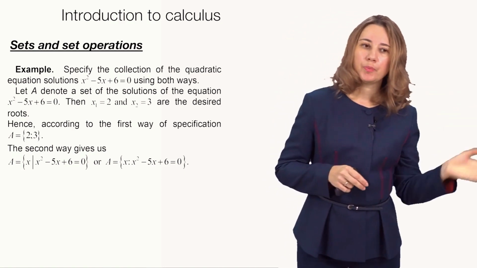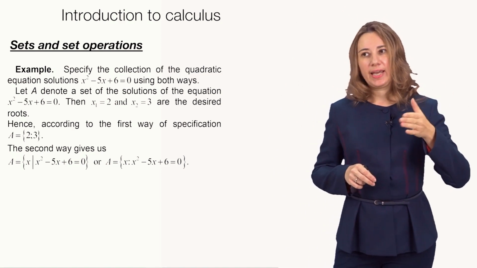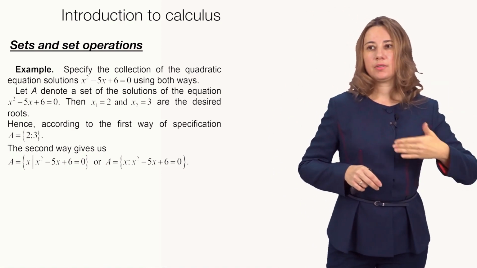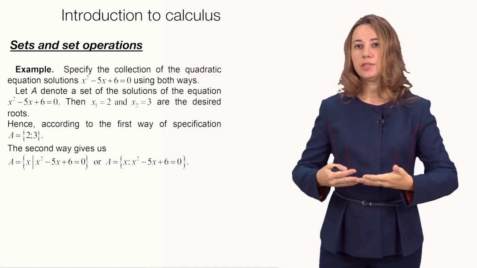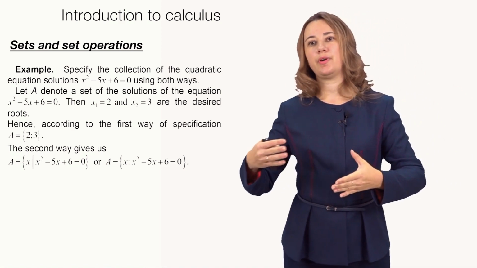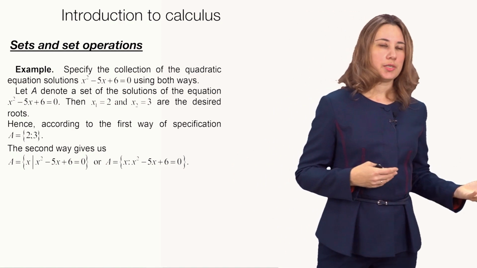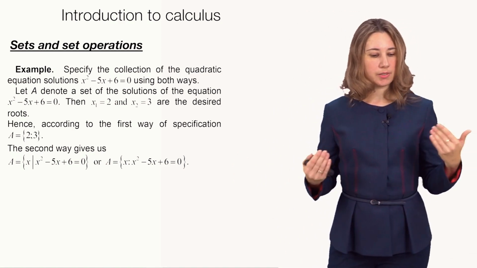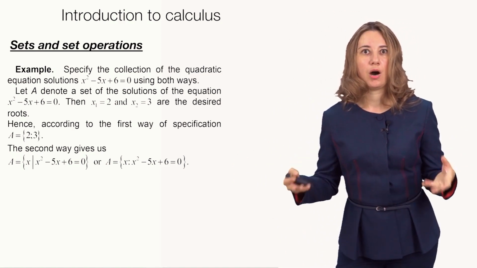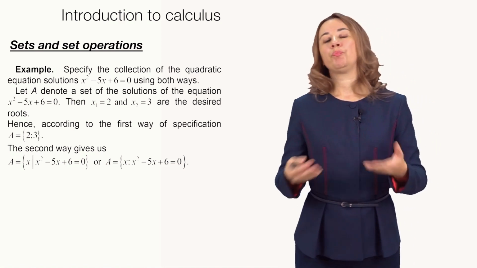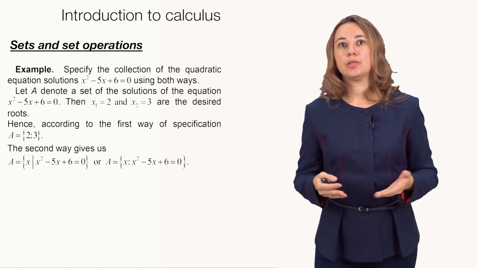So, once again, the set A contains elements x such that x squared minus 5x plus 6 is equal to 0. So if we take some element x and substitute it for x into our equation, we will get the identity.